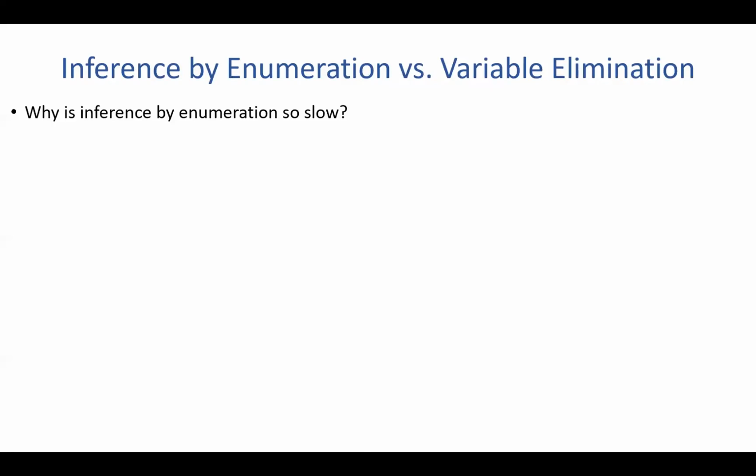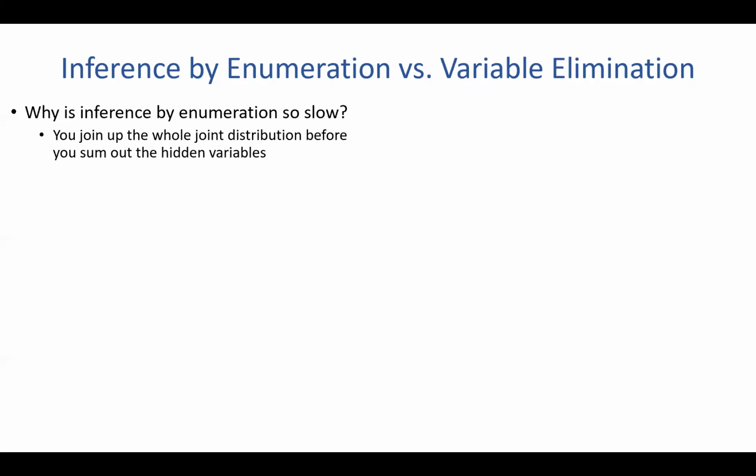All right. So why is inference by enumeration really slow? What we do is we join up the whole joint distribution before we sum out. Remember we said that in step 1, we look at the giant joint distribution. We may not have that.